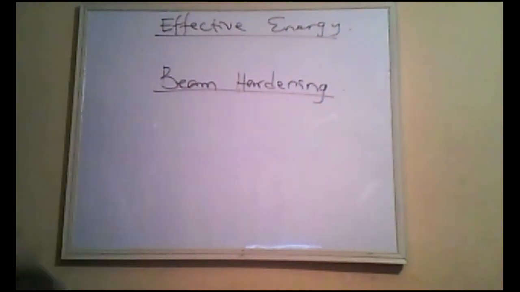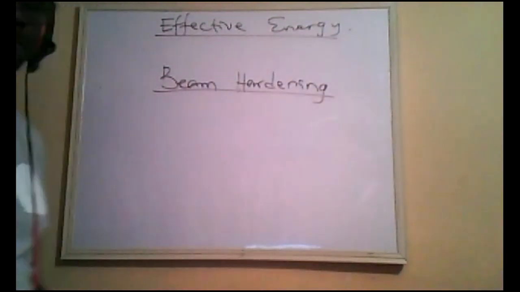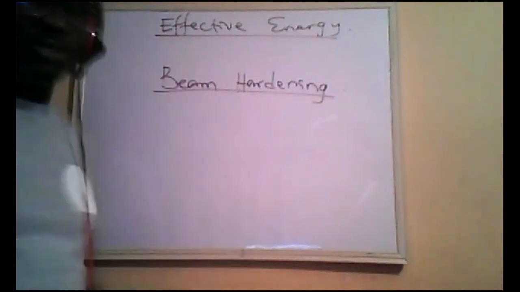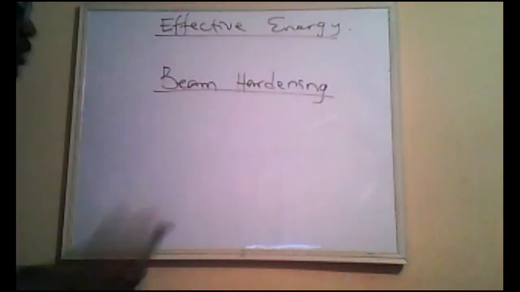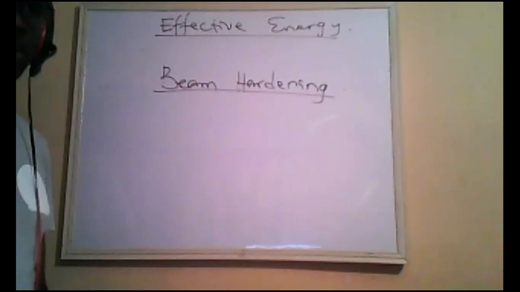It has much more quality. So in a sense, we are talking about beam hardening. We are hardening the beam by introduction of a filter. The more filters you introduce, the more energetic the beam becomes.